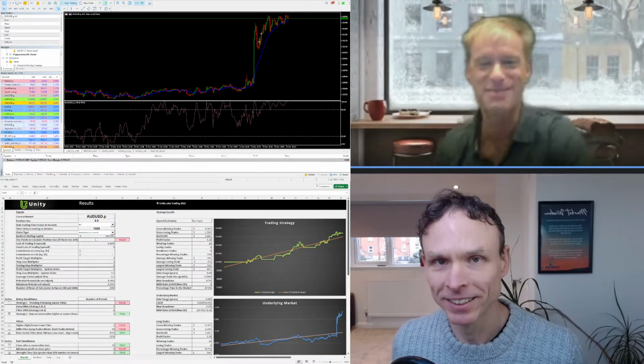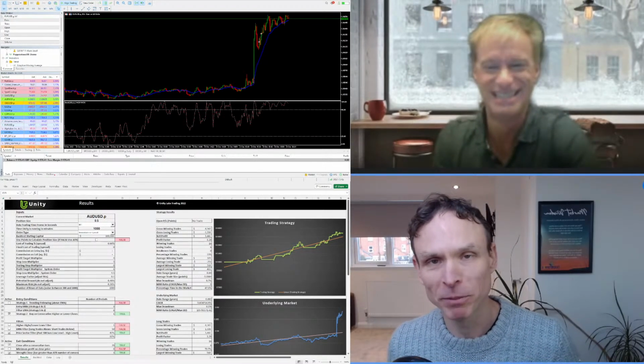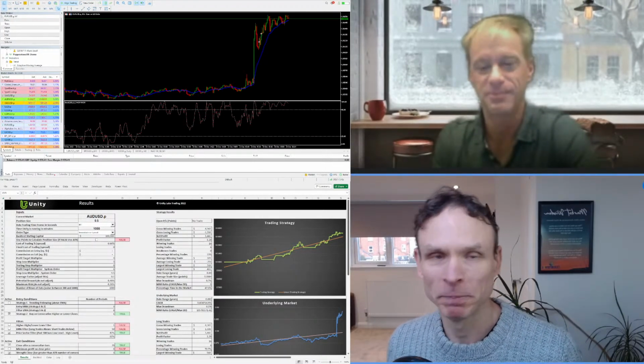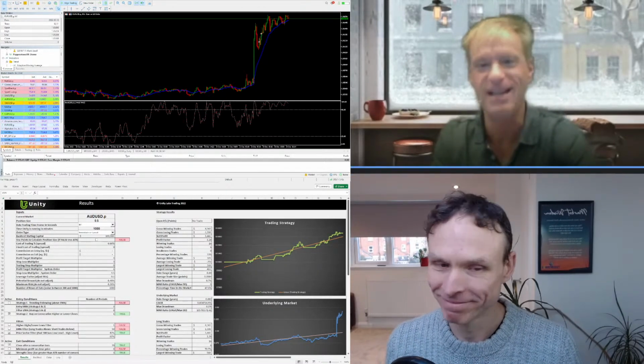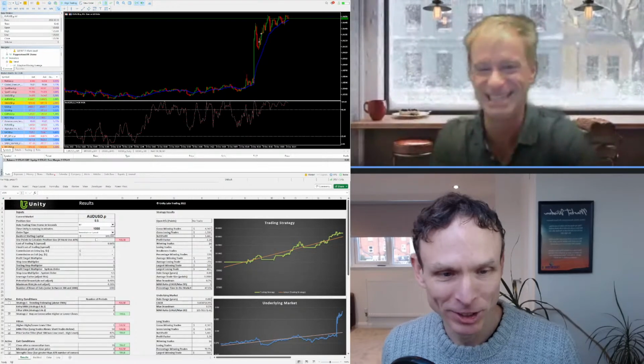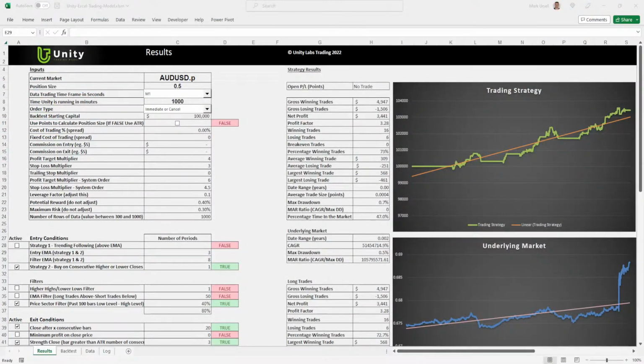We've just had some CPI data out, haven't we, in the US? Boom. Yep, the markets are exploding higher. We're up to like 3% right now. I'm going to zoom into the Excel model. You can see here in the chart, bottom right-hand corner of the Excel, what happened about 48 minutes ago when the CPI data dropped.